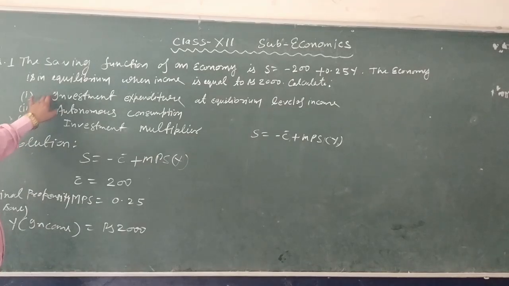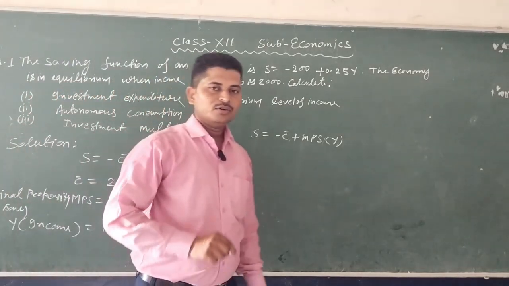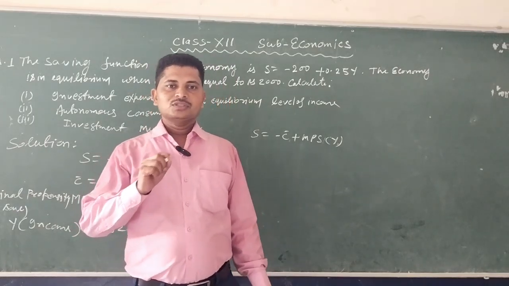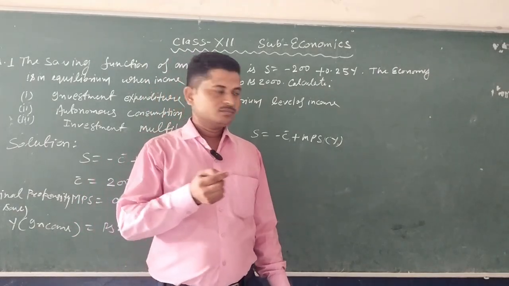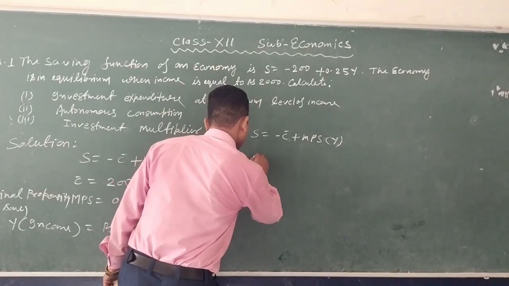So we put all values in this equation. First we calculate investment expenditure at equilibrium level of income. At the equilibrium level of income, saving is equal to investment.